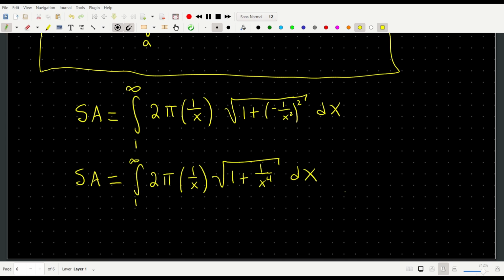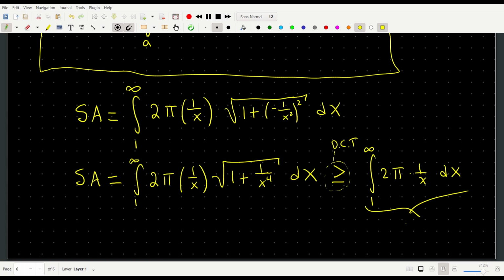Instead, we're going to use the direct comparison theorem. And we know that this 1 plus 1 over x to the fourth will always be greater than or equal to just 1 itself. So by the direct comparison theorem, this integral will always be greater than or equal to the integral from 1 to infinity of 2 times pi times 1 over x dx.